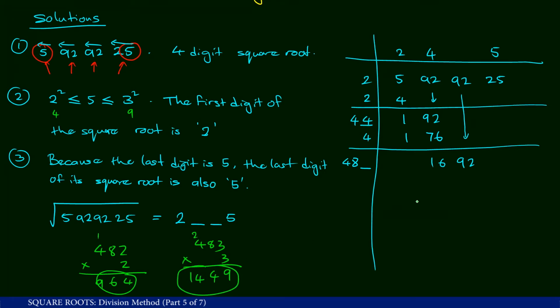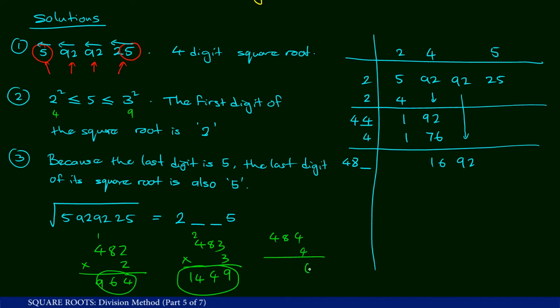Okay, still less than this. 1449 is still less than 1692, but it's getting nearer. Let's try 484. I guess this will exceed. I think the next digit is going to be 3.